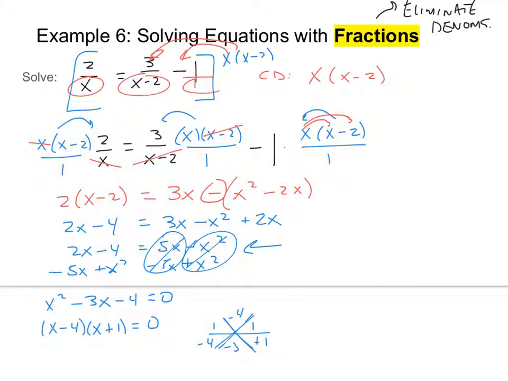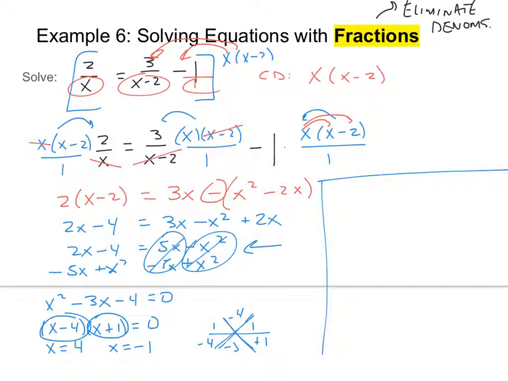And so as I solve this, x is going to be equal to 4, or x is equal to minus 1. And I got that by solving each of these pieces, setting them equal to 0. So x plus 1 equals 0, x minus 4 equals 0. Now, the key to this one, I got to check my solution. So right now I have two potential solutions. So if I have x equals 4, I'm going to plug that back in.